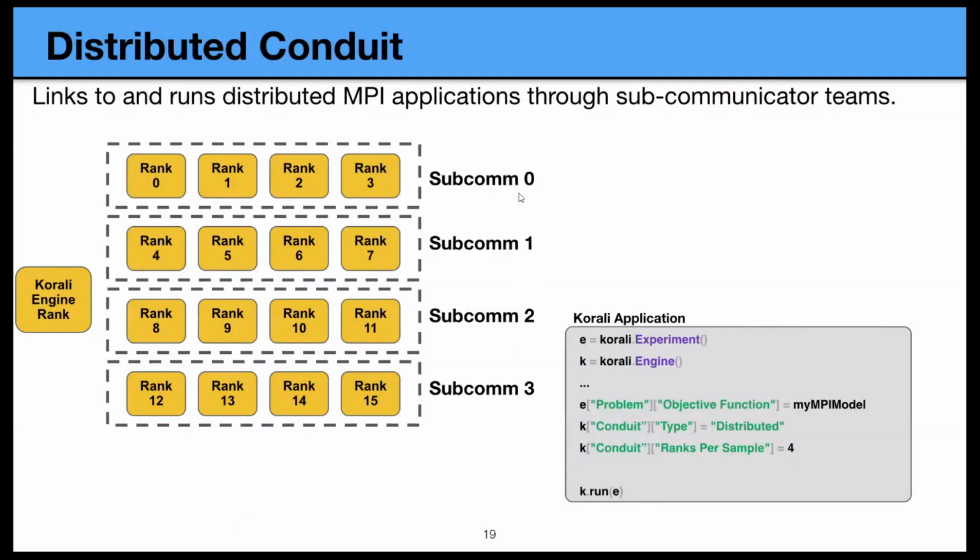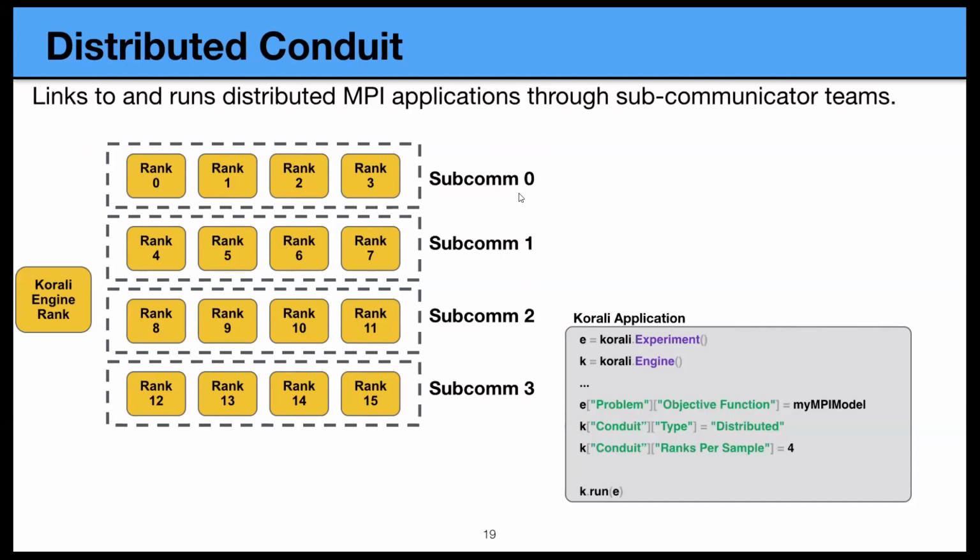Now you have used the distributed conduit, and you have learned about MPI, and you have learned how to parallelize the model itself with MPI, so the model can run in parallel by itself, without Korali.